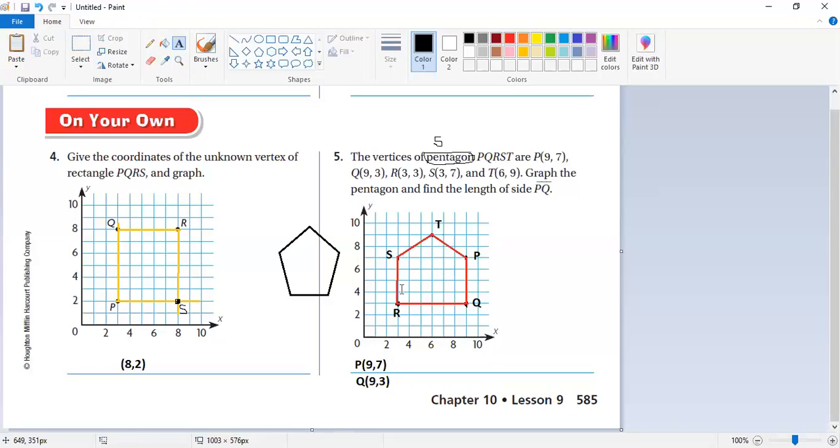If they are in different quadrants, like we did an example yesterday, then you are going to add them. But here the whole picture is in the same quadrant, so we are going to subtract.